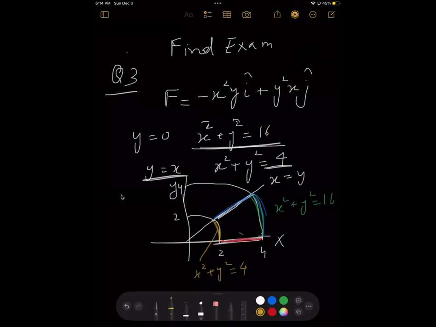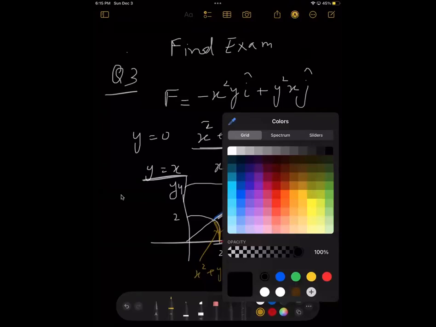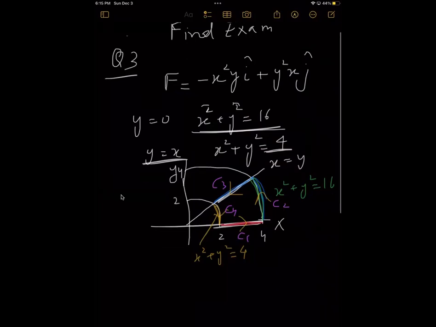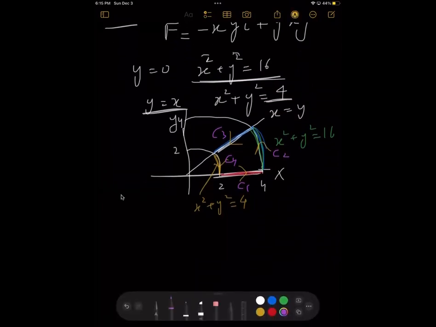So this is our counterclockwise orientation. This is our C1, this is C2, C3, and C4. Do you got this diagram? Yes. Okay.